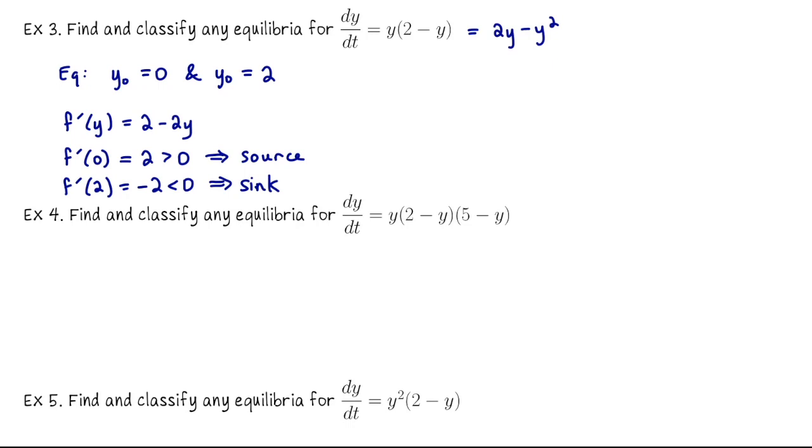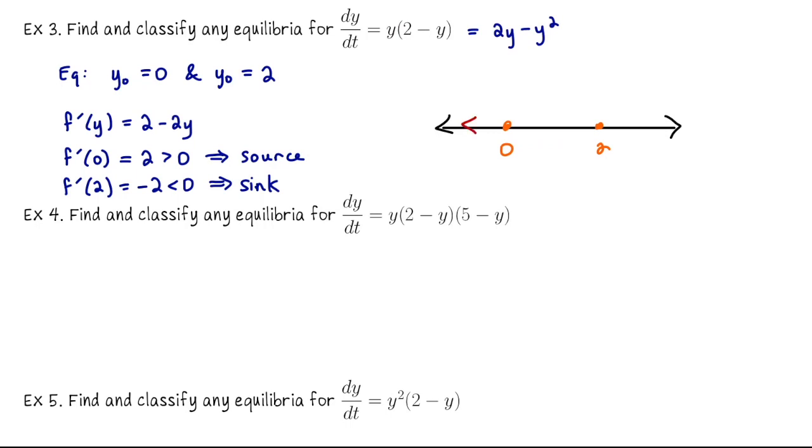And just for good measure, let's draw the phase line and make sure that it agrees. We'll sketch the big picture behavior of this differential equation. We've got two equilibria, one at 0 and one at 2. If I'm to the left of 0, then I have negative, positive, that's going to be negative.